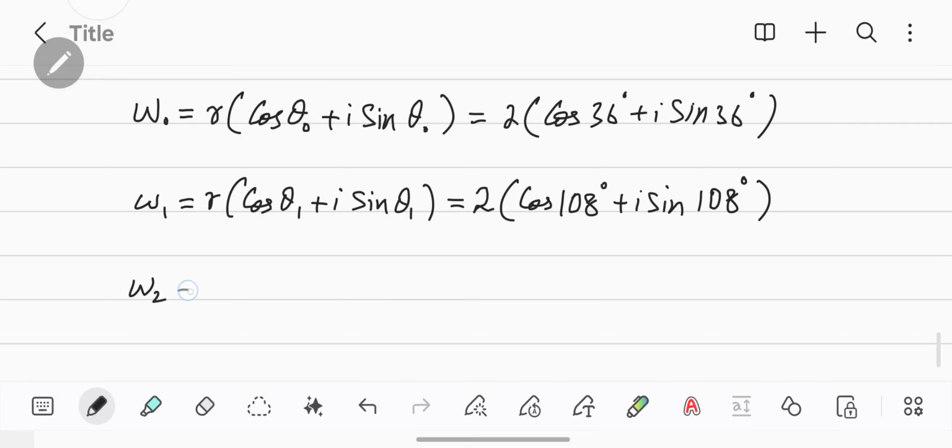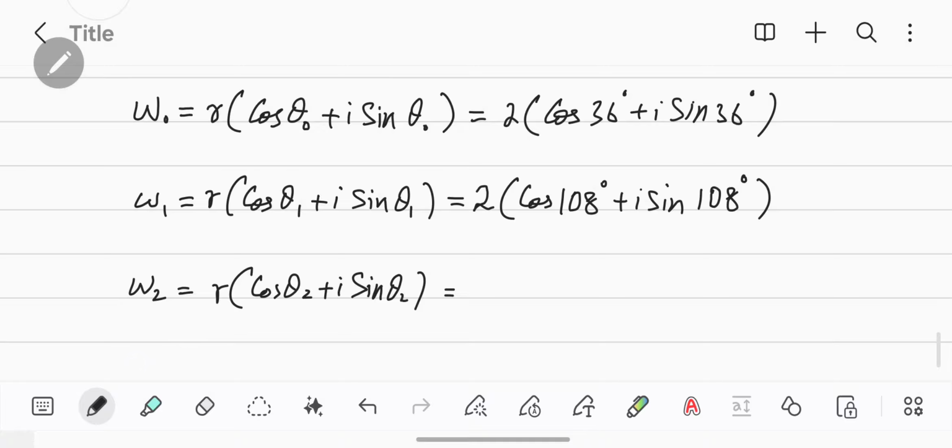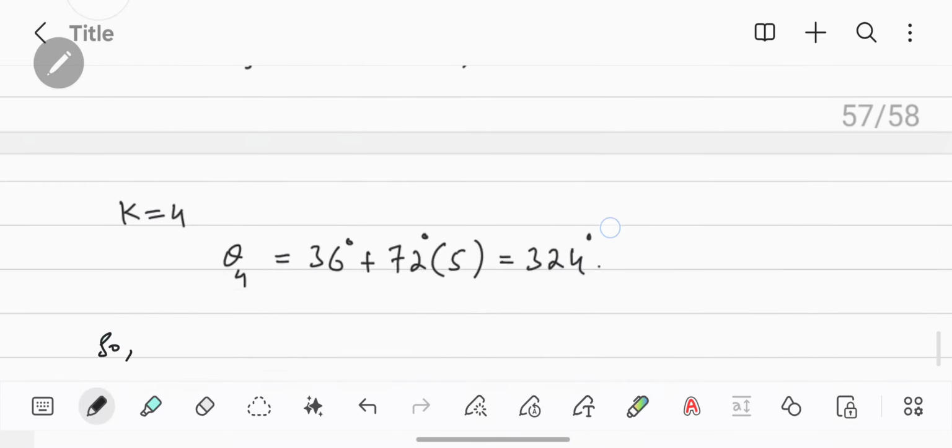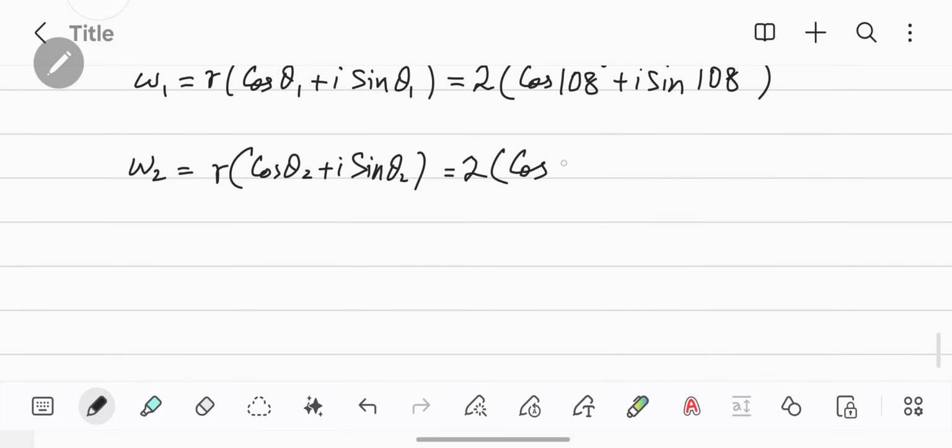And W2 is r times cosine of theta 2 plus i sine of theta 2, which is equal to 2, with theta 2 equal to 180 degrees. I'll write cosine 180 degrees plus i sine 180 degrees.